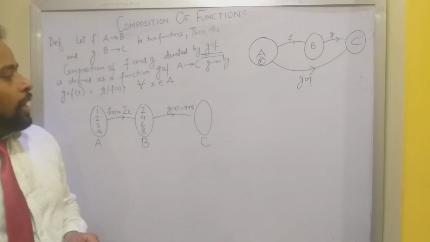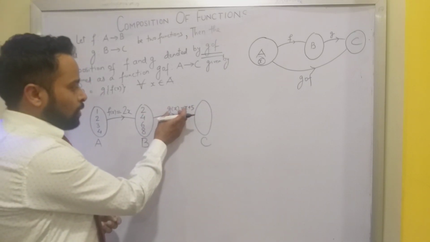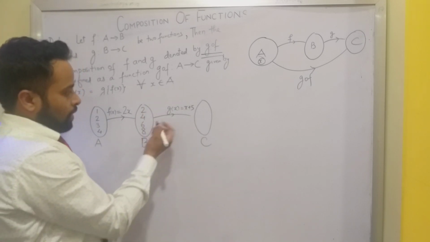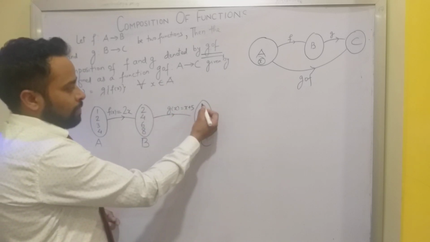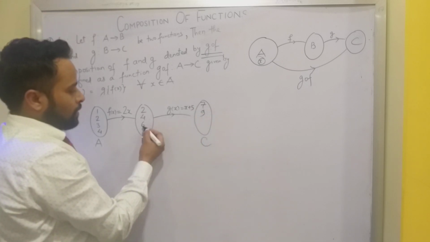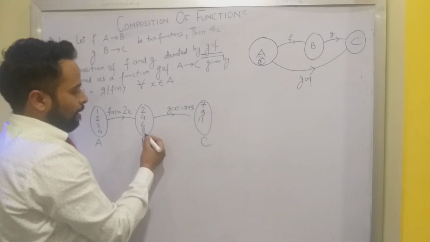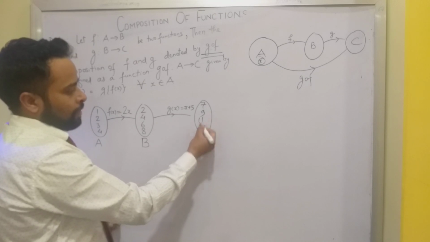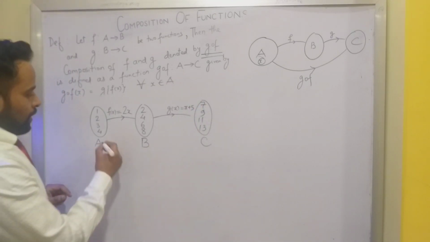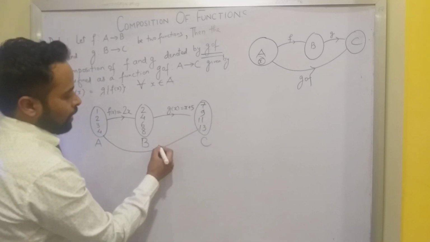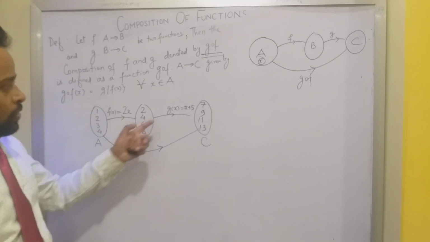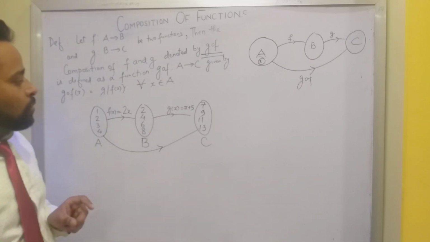Now the domain of g of x, x takes the values 2, 4, 6, 8. 2 plus 5 gives 7, 4 plus 5 gives 9, 6 plus 5 is 11, 8 plus 5 is 13. Now gof, according to the definition, is a function from A to C, isn't it?